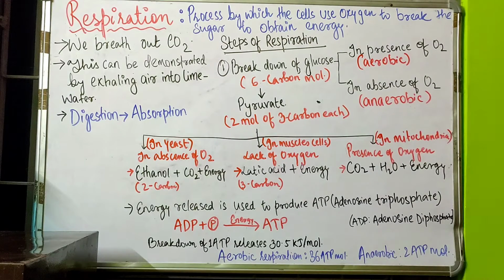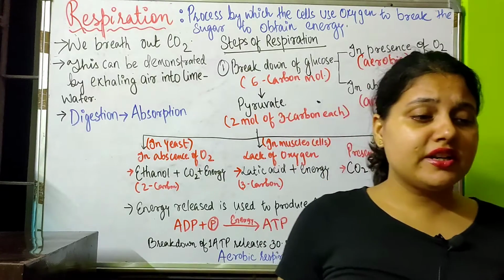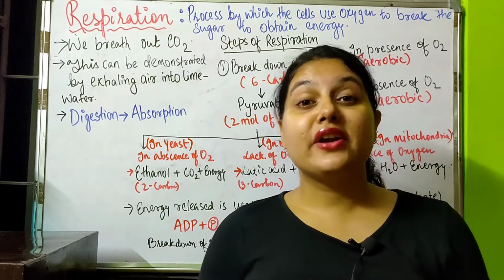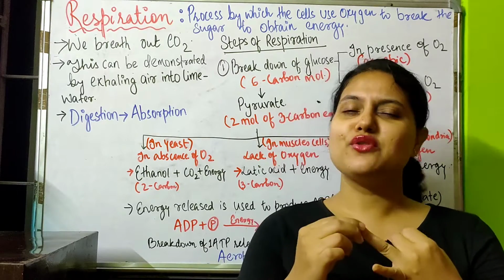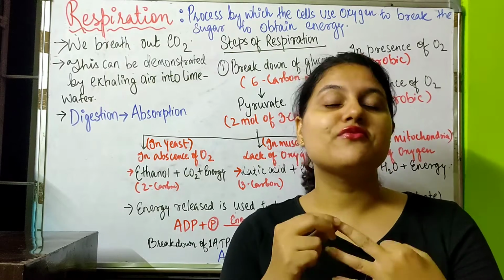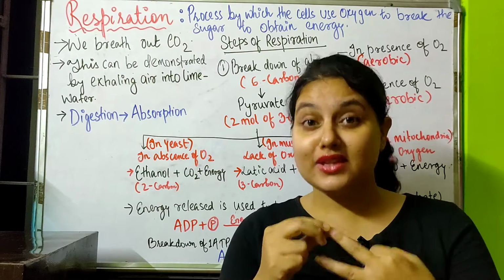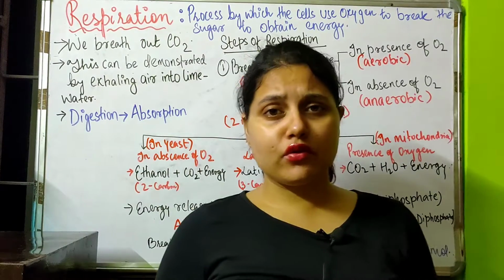Now you see, in our last video we studied in digestion that the final product of carbohydrate was glucose, the final product of protein was amino acids, and the final product of fat was fatty acids and glycerol, isn't it?